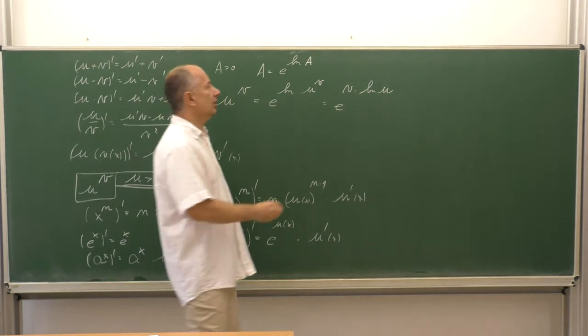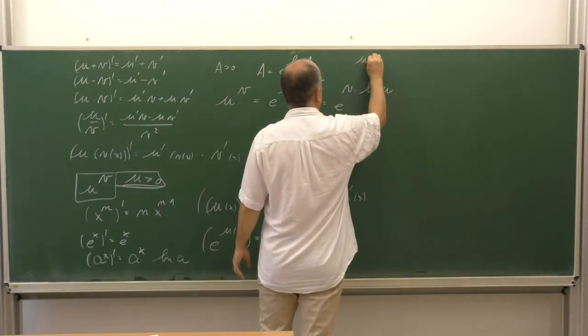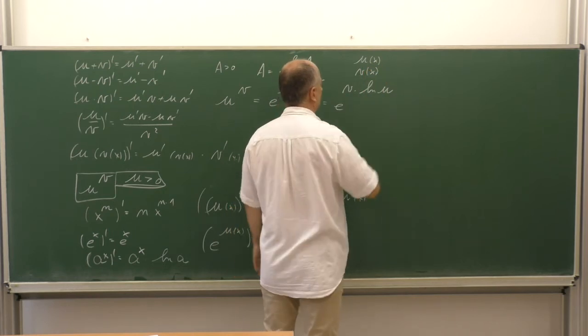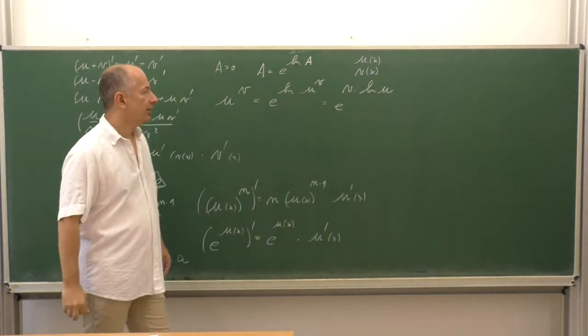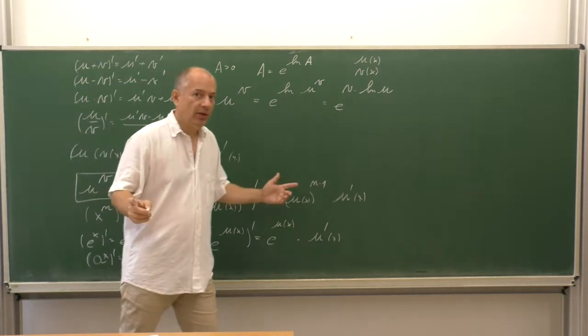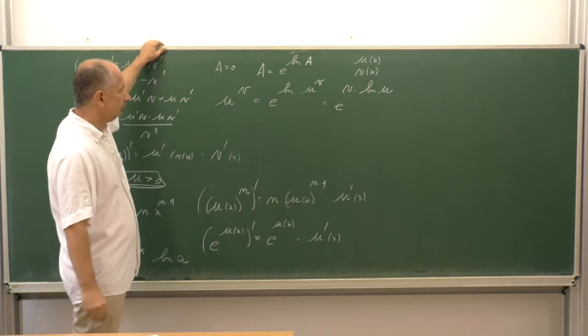In full notation, instead of u, we should write u as a function of x, and instead of v, we should write v as a function of x. But a function may be as well a constant, right?